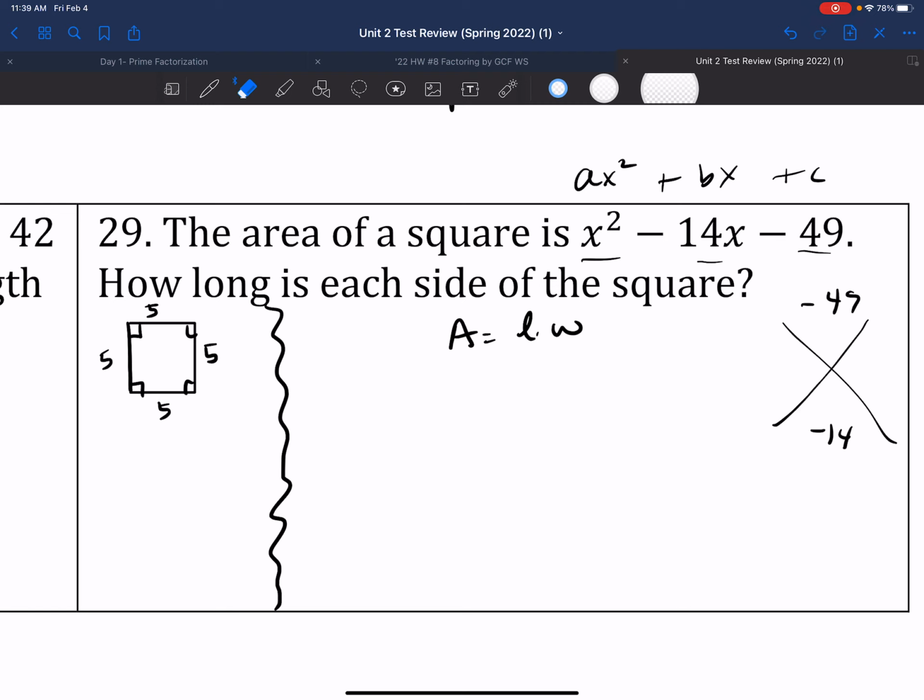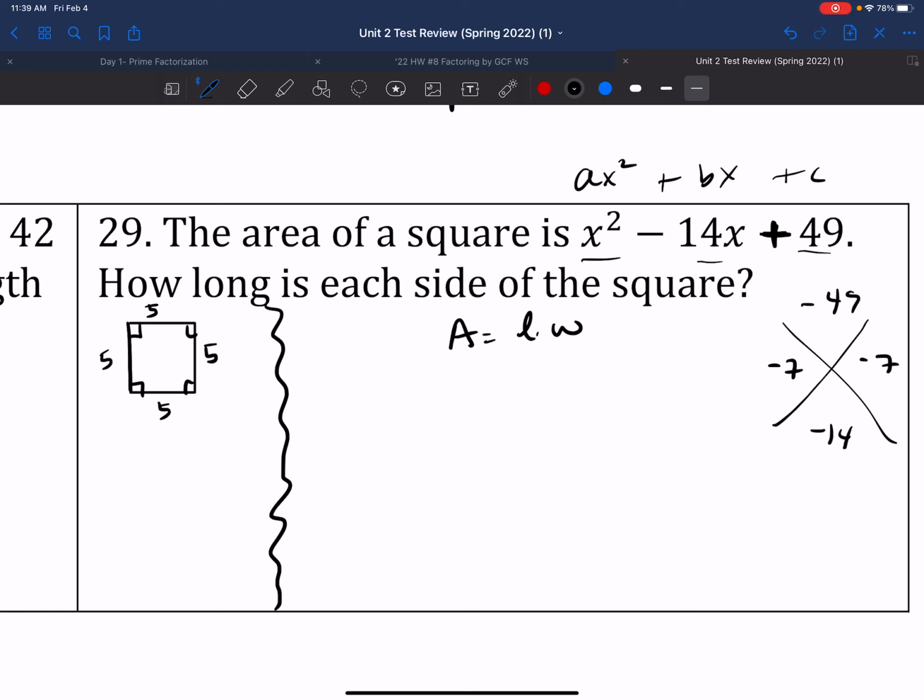I think there's a typo here. Okay, so I'm pretty sure it's supposed to be a positive 49, not a negative 49. Okay, so that's just going to be negative 7 and negative 7 here.